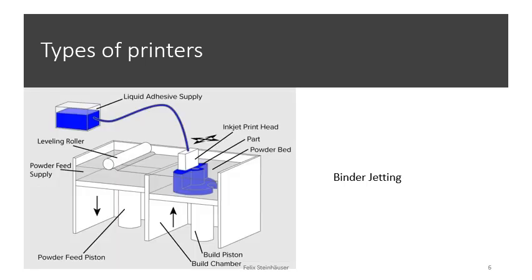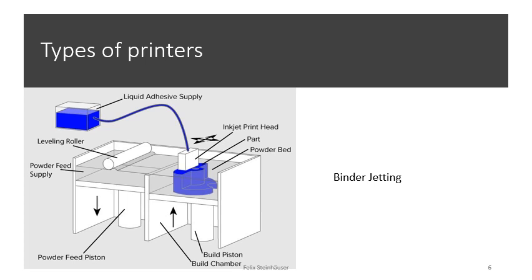Next, I'm going to tell you something about the binder jetting printer. It's very similar to powder bed fusion, but for sure has a different technique of keeping the particles in the powder together. First, the leveling roller spreads a new layer of powdered metal.